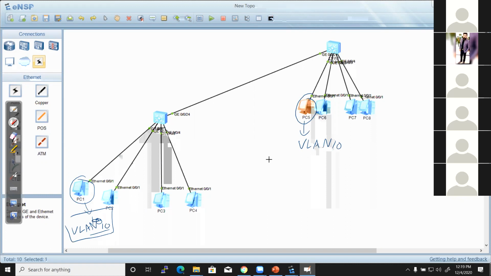So should I communicate? No. Why? Why can I not communicate? Because we have to create a trunk between switch 1 and switch 2 and allow VLAN 10 to pass through it. Perfect.